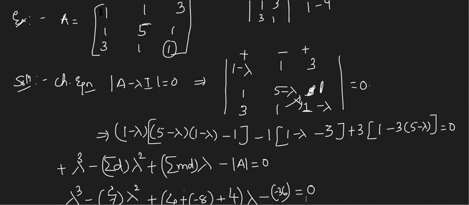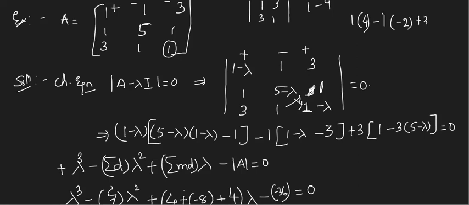Else, determinant means you expand along a row and column. Take this A, with signs plus, minus, plus, leaving the row and the column. So this is 1 into, 5 minus 1, 4. Minus 1 into, leaving the row and column, 1 minus 3, which is minus 2.